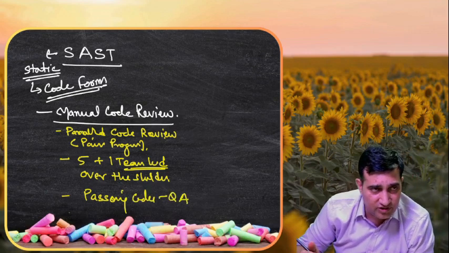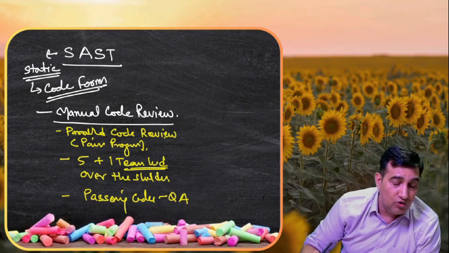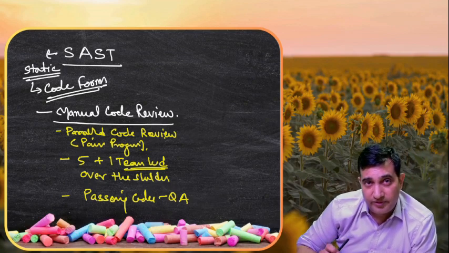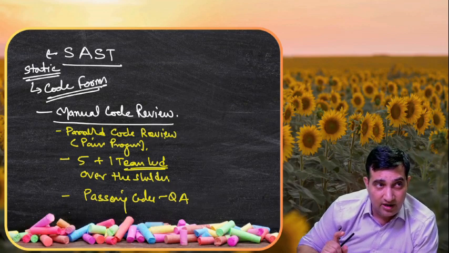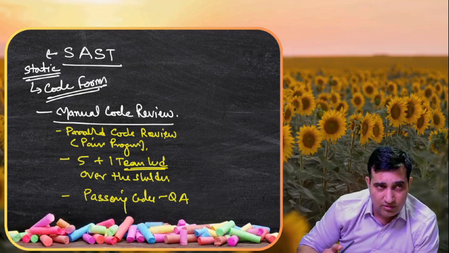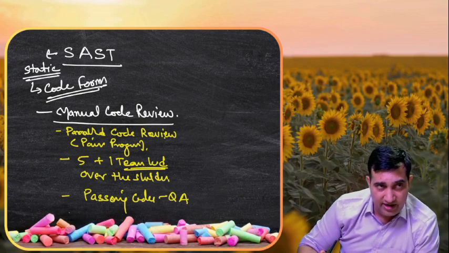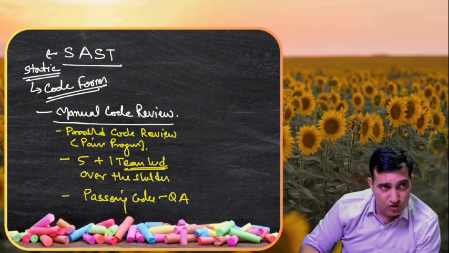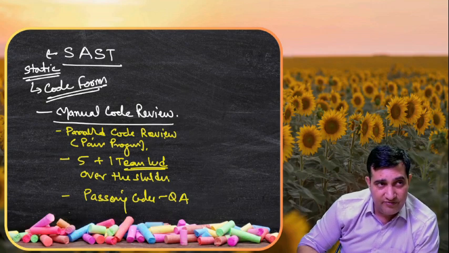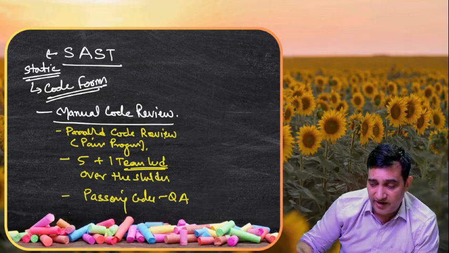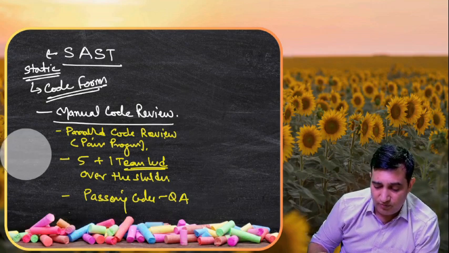So there are different approaches we can take for manual code review. The most important part you need to remember from this objective is, the earlier you are able to identify any kind of bugs, that's the best thing. So any good programming practices, any kind of syntax problem, lack of documentation, lack of logic, all those kinds of things can be reviewed under this phase. So that is why SAST is so important.